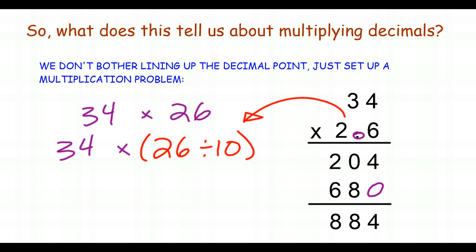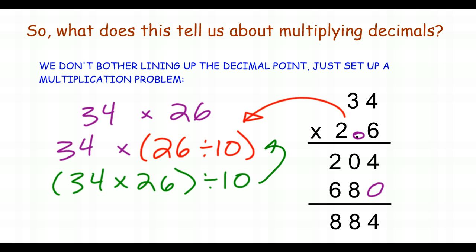So that means, because multiplication is commutative, and because we're actually going to take away these parentheses, it turns out that if we rewrite it like this, it actually gives us the exact same product as this one does up here. 34 times 26 divided by 10, and 34 times 26 divided by 10.